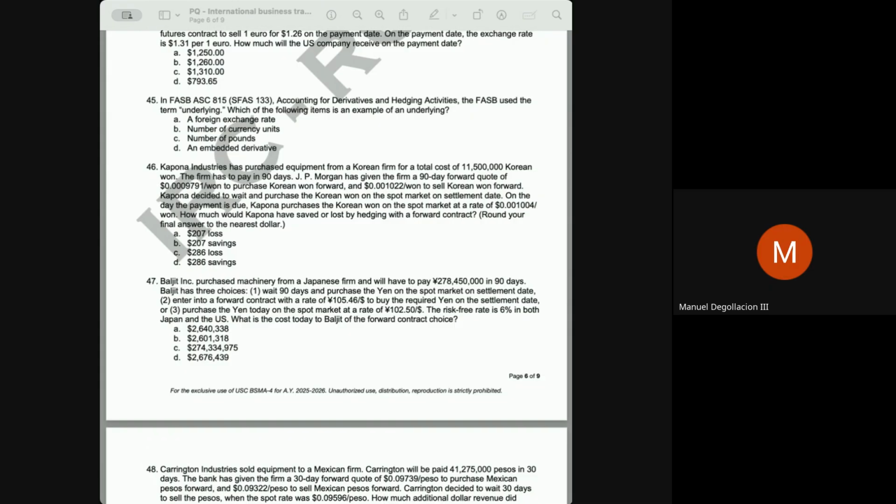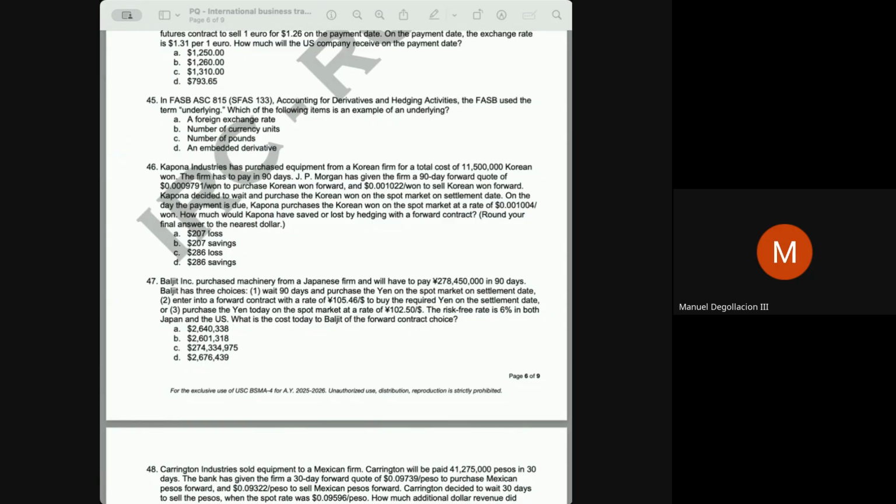So the amount of dollars that you would have needed to acquire the 11,500,000 Korean won on the settlement date, had you acquired the forward contract, would only be 11,500,000 times 0.0009791, which is equivalent to 11,260. So if it entered into a forward contract, it would have only paid 11,260.